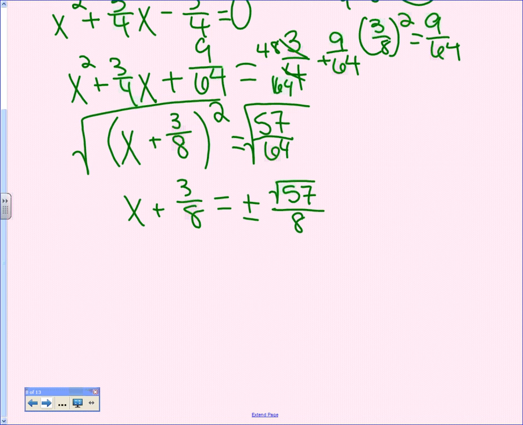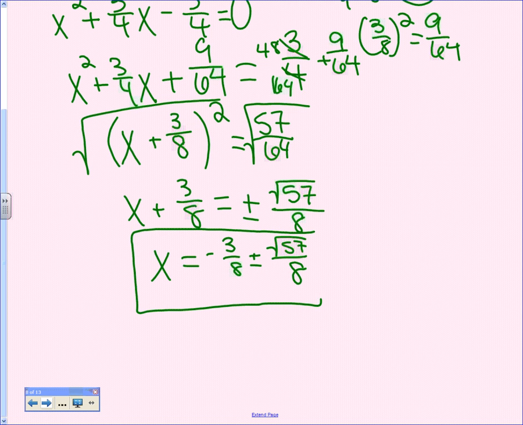So you put that. Now what? Move the 3 over 8 and you'd have minus 3 over 8 plus or minus the square root of 57 over 8. And that's your whole answer.